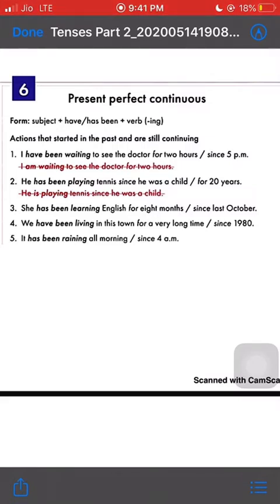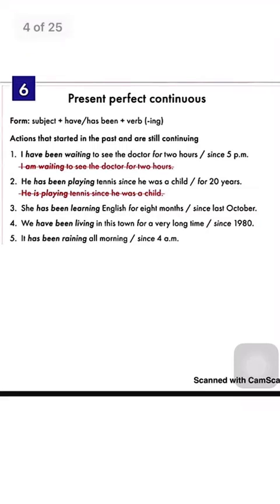You can say right now I am waiting to see the doctor. He is playing tennis. When you mention the amount of time like 2 hours, in that case you have to use the present perfect continuous. This is true with the other sentences here as well. So keep this point in mind. Alright, so this is all about the present perfect continuous, its rule.